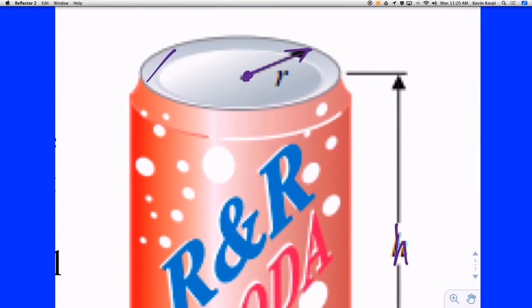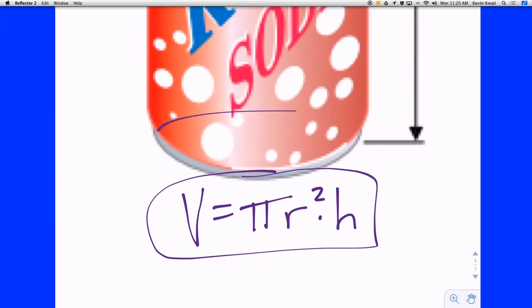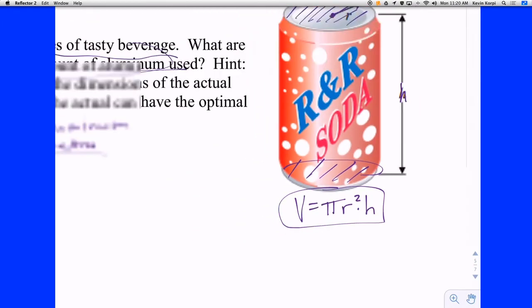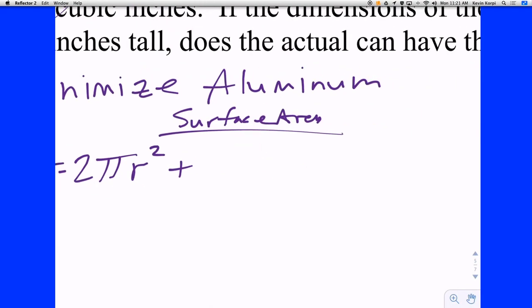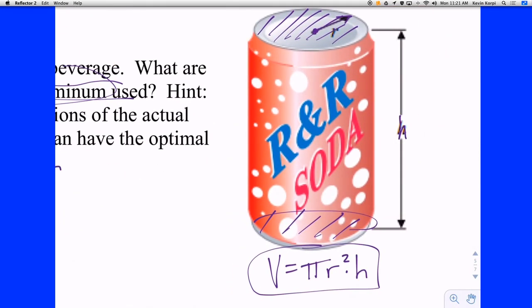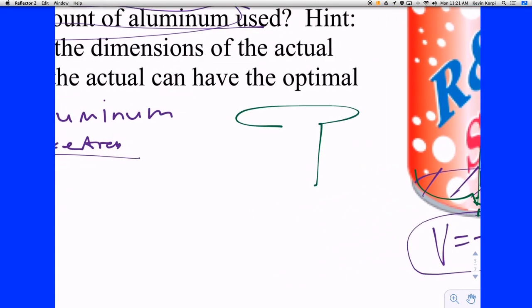Well, you're going to have the area of the top circle and the area of the bottom circle. And the area of a circle is pi r squared. But you're going to have how many of them? 2. So it's 2 pi r squared. That takes care of the top and bottom. And then plus you have what's called the lateral surface area. Lateral meaning side. So if you were to cut this can open carefully, with your parents' permission and help possibly, and you unrolled it, it would look something like a what?